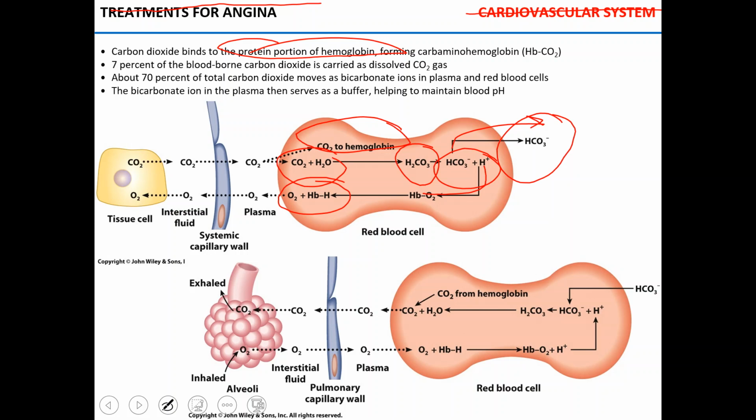Bicarbonate ion serves as a buffer, allowing to neutralize small changes if there is a local decrease or increase of pH. Bicarbonate ion can ameliorate, can negate those changes in the pH of the blood.